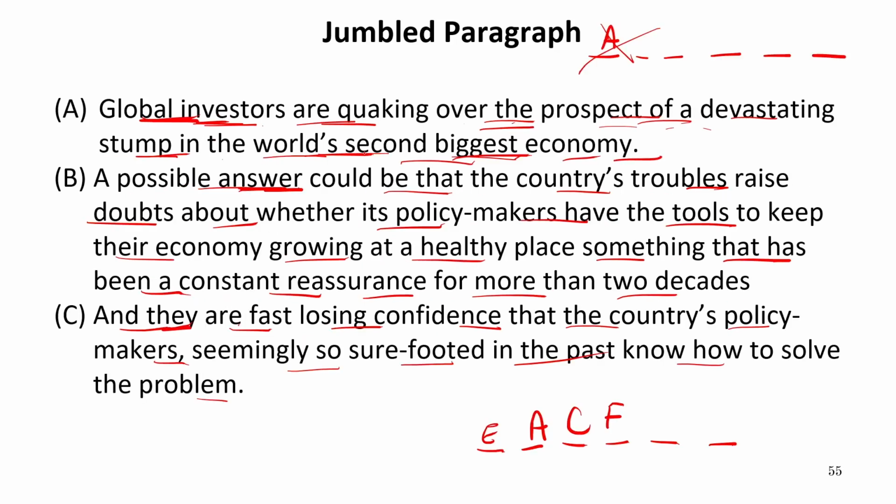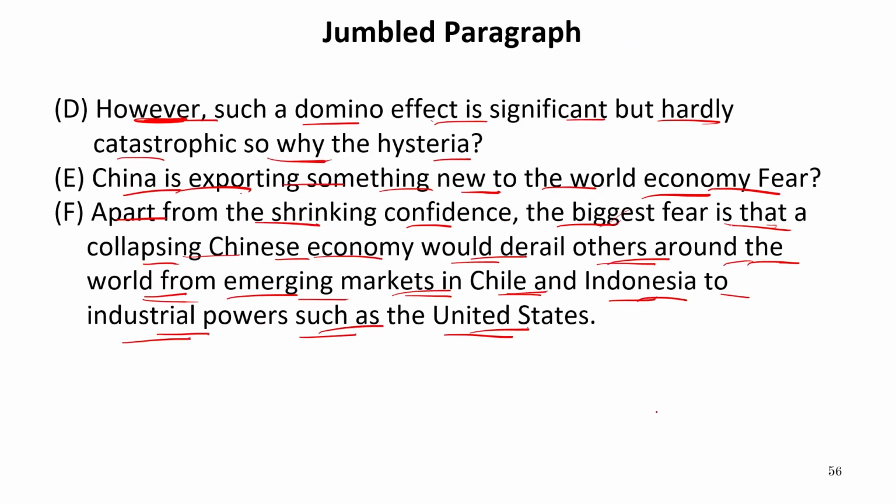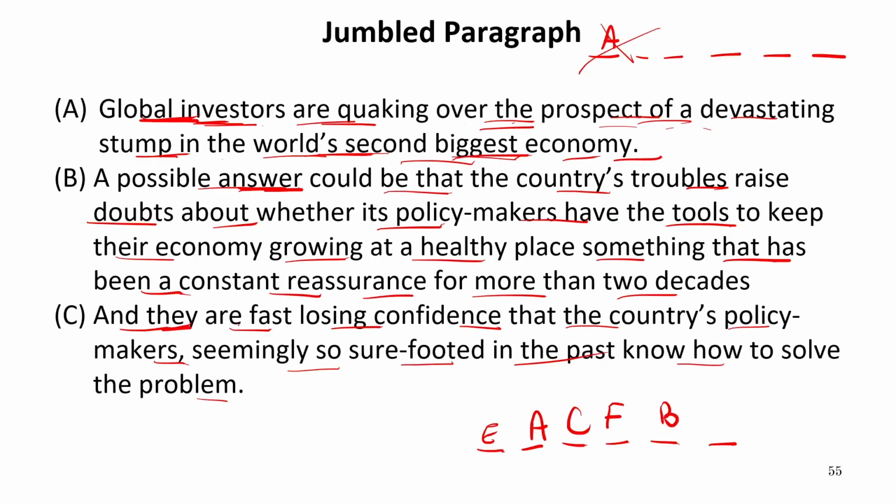Then we can have, a possible answer could be that the country's troubles raise doubts about whether its policymakers have the tools to keep their economy growing at a healthy pace, something that has been a constant reassurance for more than 2 decades. So after this, we can have B. Now, after that, however, such a domino effect is significant but hardly catastrophic. So why the hysteria? So after this, the last sentence will be D.